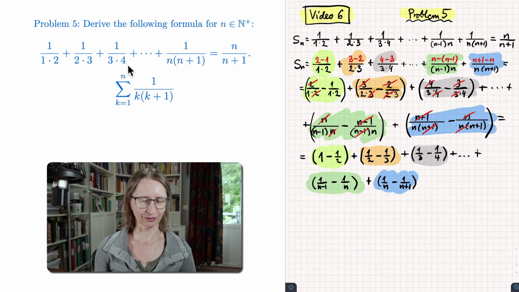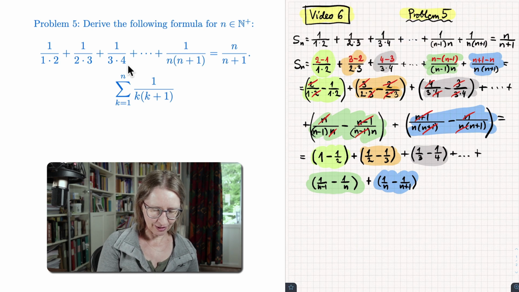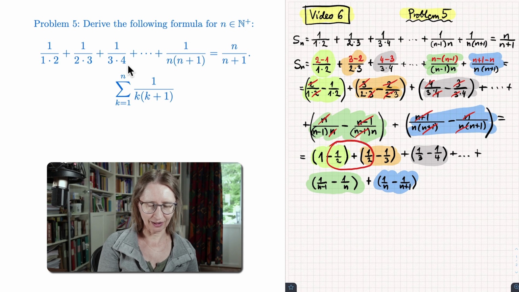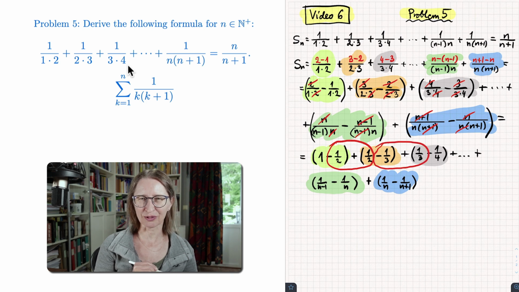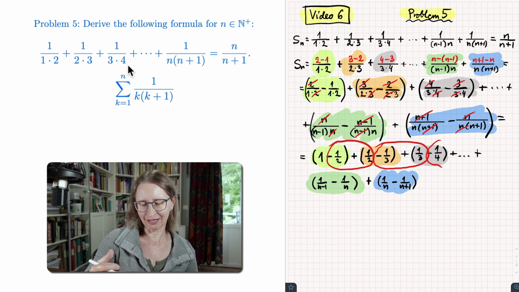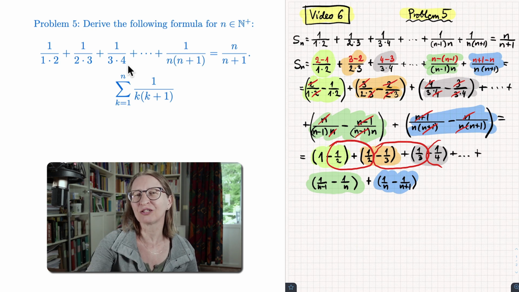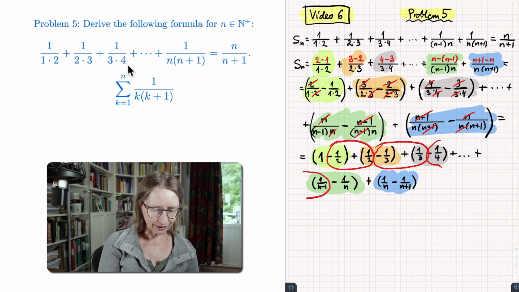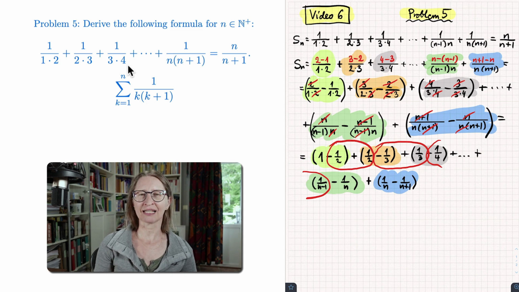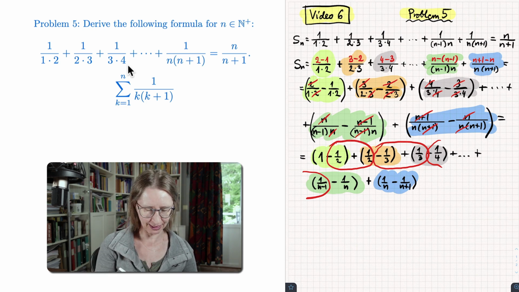You see what's happening now, right? You see that I have minus 1/2 and plus 1/2, minus 1/3 and plus 1/3, minus 1/4, and you know that in next parentheses I have plus 1/4 minus 1/5. So this will cancel out with the plus 1/4 from the next parenthesis. And then this 1 divided by n minus 1 will cancel out with minus 1 divided by n minus 1 from previous parentheses.